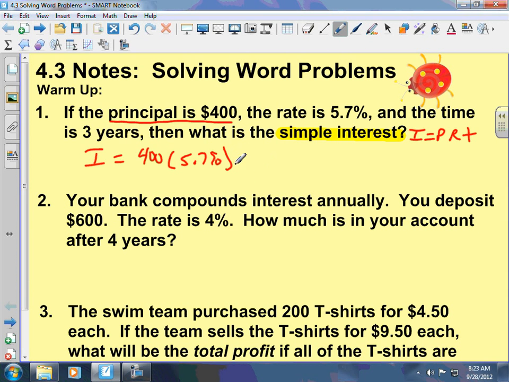The time is 3 years. All right. When I multiply all that together, class, what do I get? 68.40. 68 what? That's $68.40. So, if you have $400 in the bank for 3 years and your interest rate is 5.7%, you'll make $68.40.